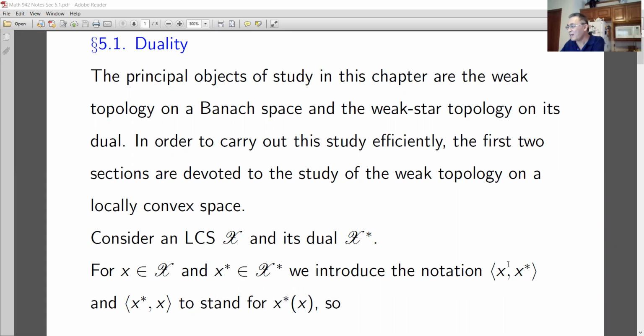It looks like an inner product, or this way we change the order of x star of x.